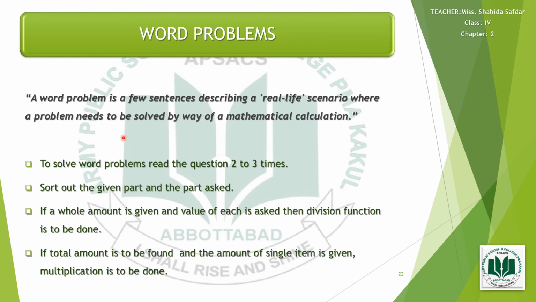To solve word problems, read the question 2 to 3 times always. Sort out the given part and the part asked. If a whole amount is given and the value of each is asked, then division is to be done. And if the total amount is to be found and the amount of a single item is given, then multiplication is to be done.